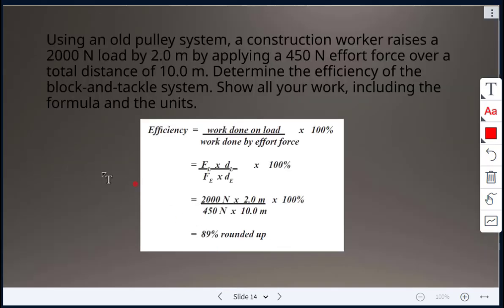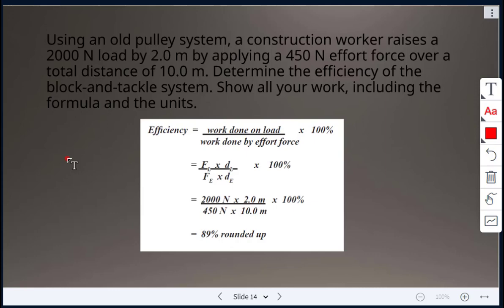So here's an example using a block and tackle pulley system. A construction worker raises a 2,000 Newton load by 2.0 meters by applying a 450 Newton effort force over a total distance of 10 meters. Determine the efficiency of the block and tackle system, and we have to show all our work, making sure we're showing all our units.